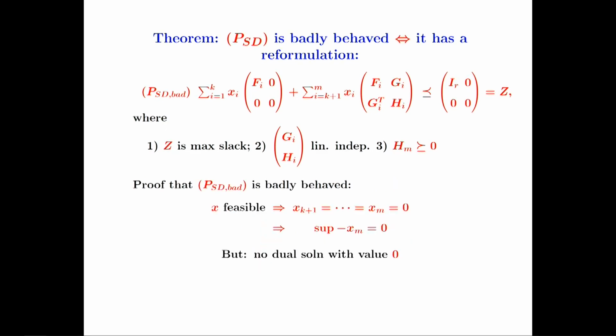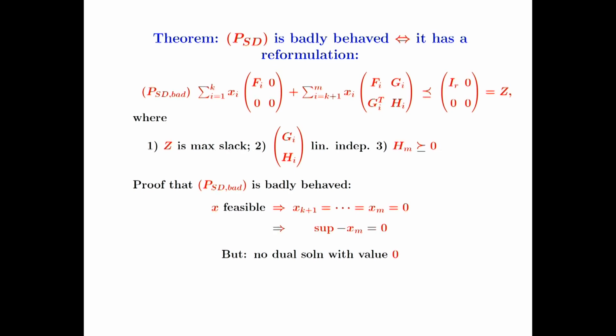And I'm not going to go through the steps here, but it's really kind of like a paragraph in the paper. So if X is feasible, then I can show that because of that linear independence condition, the xk plus 1 through xm are all 0. So those are identically 0 variables. Therefore, if I take the supremum of negative xm, that's going to be 0, right?